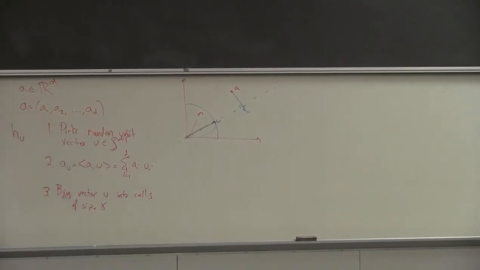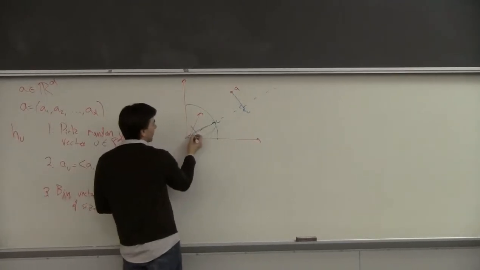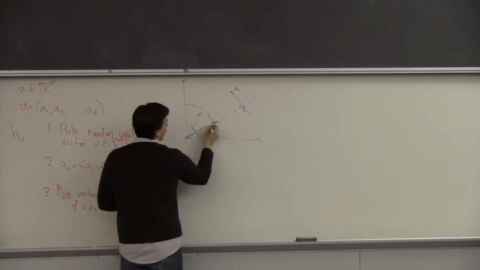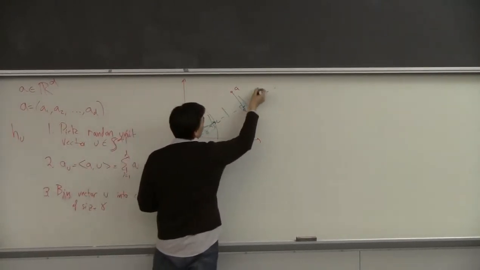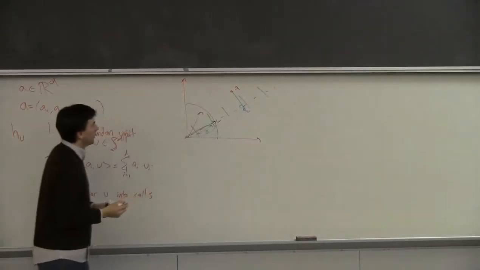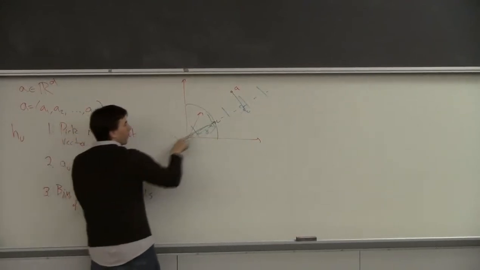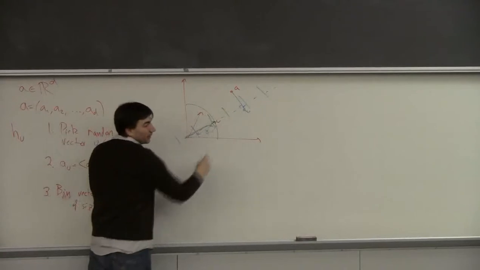What is this going to look like? These are going to be randomly shifted from the origin as well, where the offset here is gamma. I break the line up into bins. So I've gone from this d-dimensional space to this one-dimensional space through this vector u, and then I break it up into these bins.